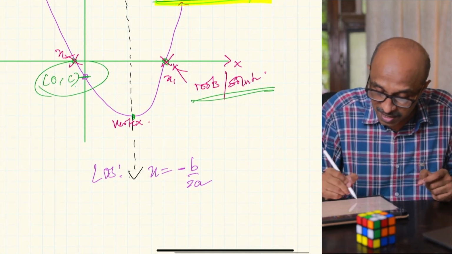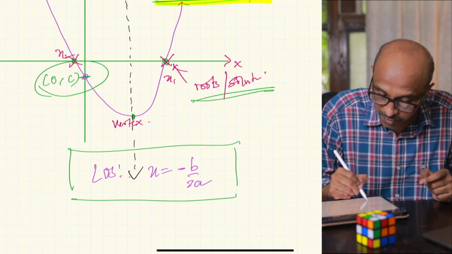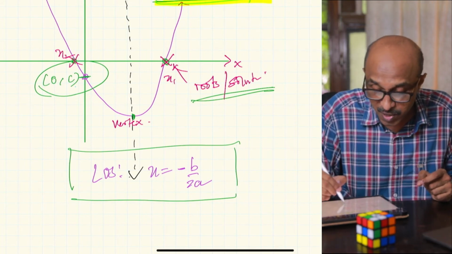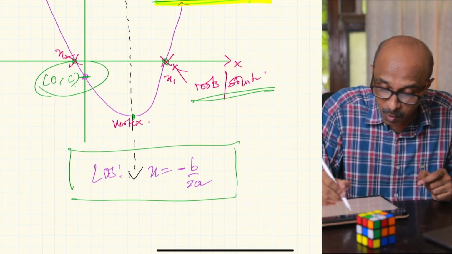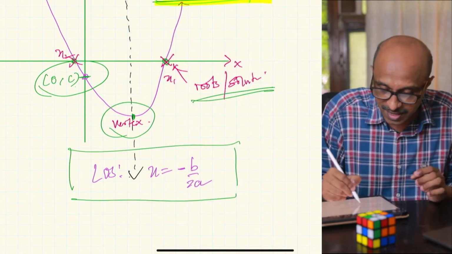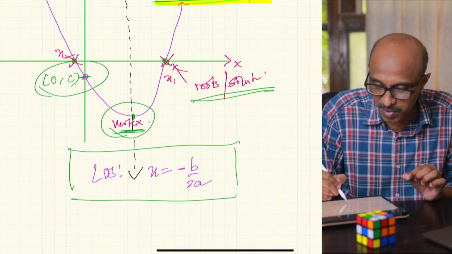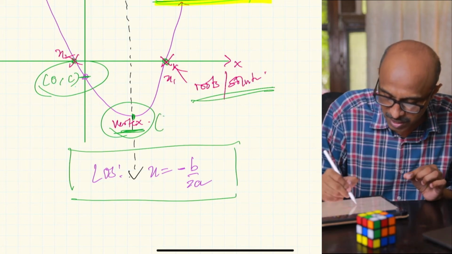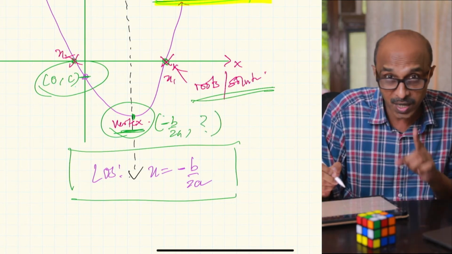You can even tell the equation of the line of symmetry: x is equal to negative b over 2a. And because we have already noted that the vertex goes through that line of symmetry, the x-coordinate of the vertex is going to be negative b over 2a. The y-coordinate, I'll put a question mark. We'll come back to that later.